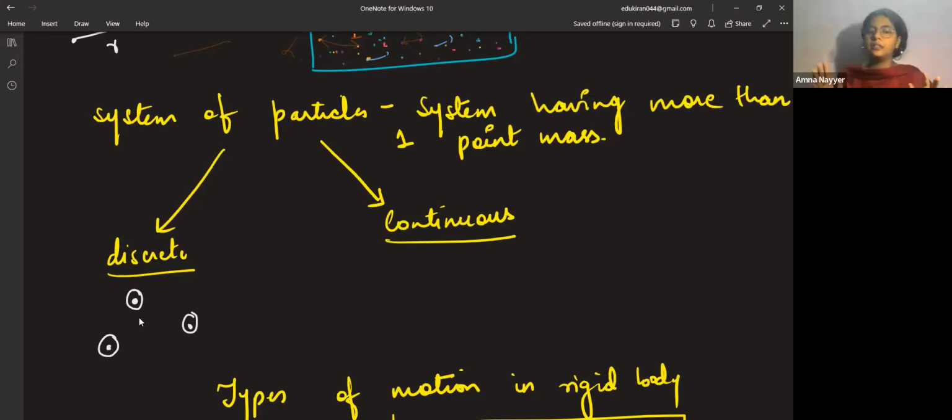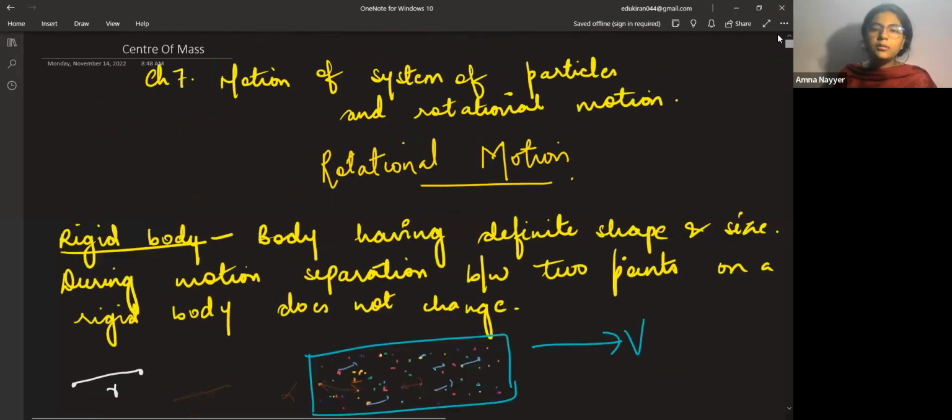They are scattered. That is what is meant by discrete. When I say continuous, it means all the particles are aligned one by one with no separation. So these are the two types of particle systems that exist. Note down the introduction part, then I'll discuss more details.